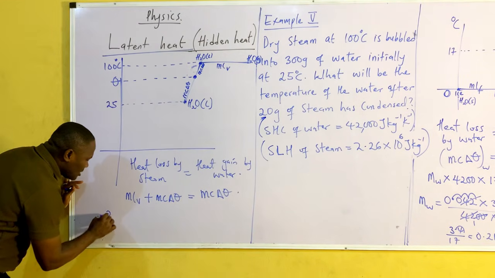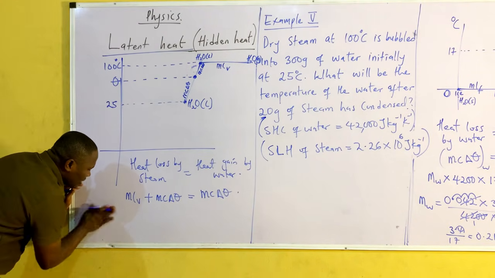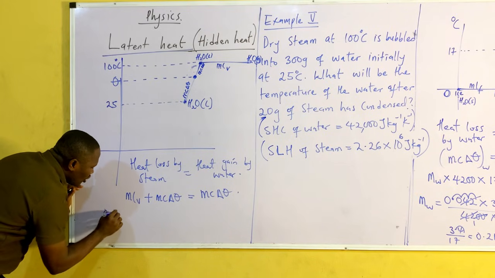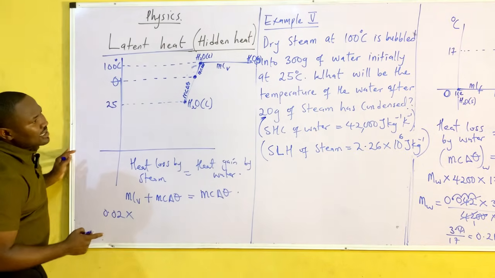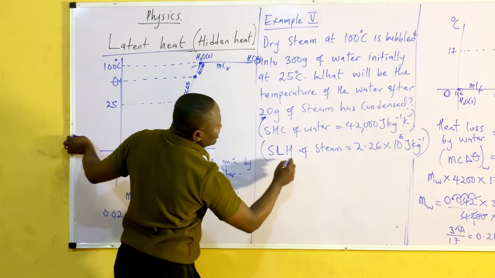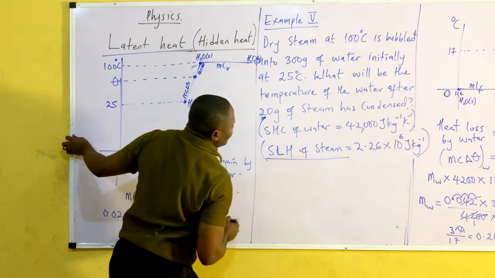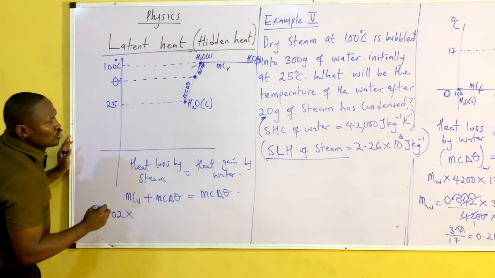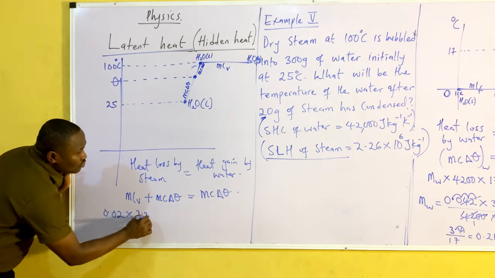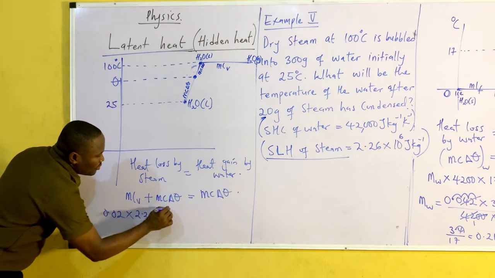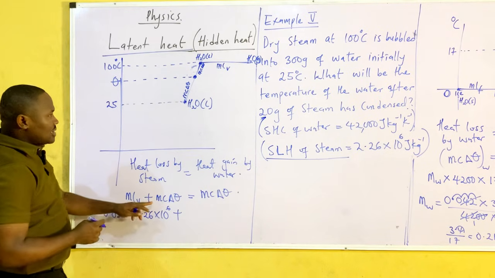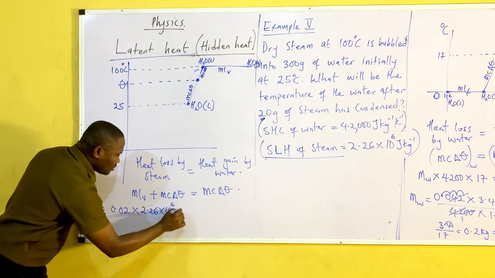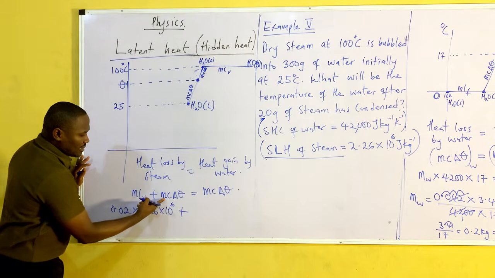So we have 20 grams, which will now be 0.02 kg, times the specific latent heat of vaporization. The specific latent heat of steam is 2.26 times 10 raised to 6, plus the mass of steam.